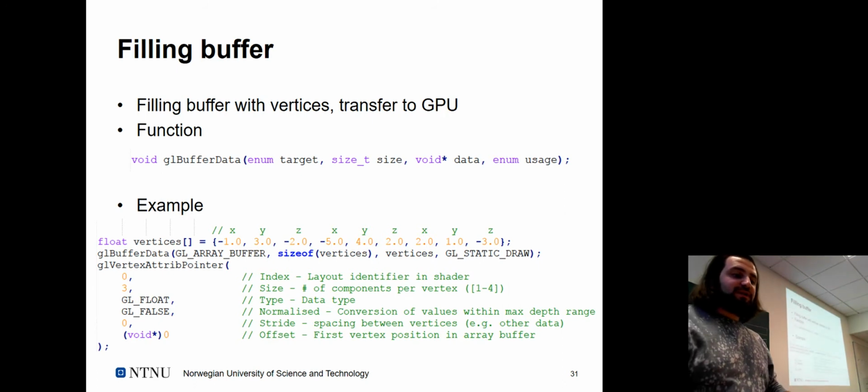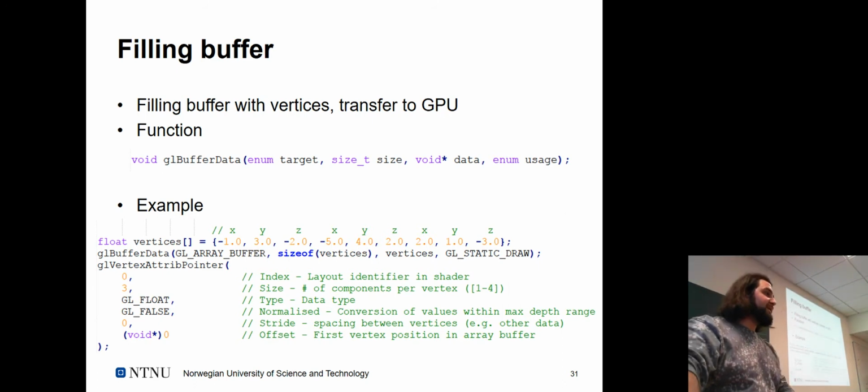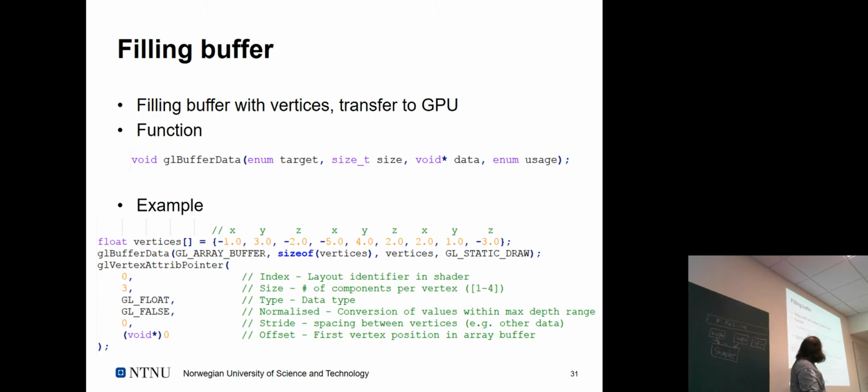Yeah, what is stride? Imagine that we had texture information as well here. In this case we have x, y, z, but imagine if we had x, y, z, u, v as texture, or to make it simple, color maybe, x, y, z, RGB, x, y, z, RGB, etc. So we have 6 numbers, 6 elements of this array assigned to one particular vertex.